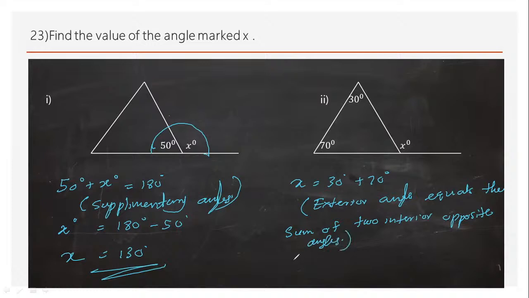Then we can write x equals 100. x equals 100. Exterior angle equals the sum of two interior opposite angles.